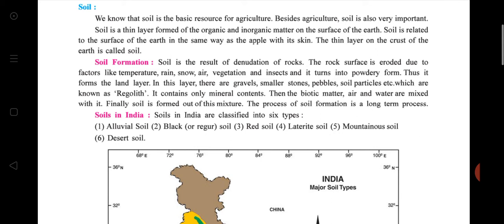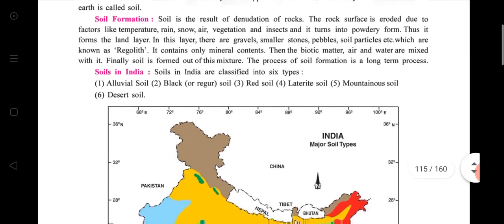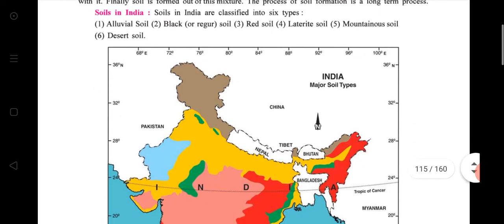Then formation of soil. Then soil in India: 6 types, alluvial, black, red, laterite, mountainous, and desert. From these 6 types, we have done the first 3: alluvial, black, and red. In today's lecture, we will learn about laterite, mountainous, and desert.